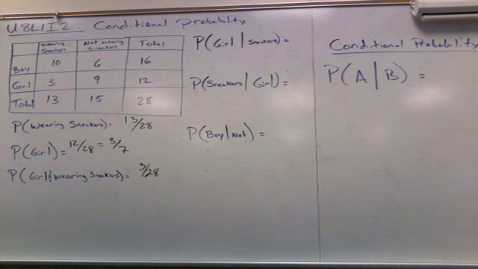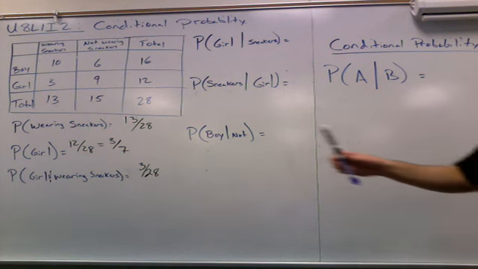I could also divide them based on the shoes they're wearing, right? I could say, everybody who's not wearing sneakers, go to the back of the room. I'm only going to look at the people wearing sneakers, right? And I could say, of the people wearing sneakers, what's the probability they're a girl? So if I'm looking just at sneakers, what's the total number? 13, right?